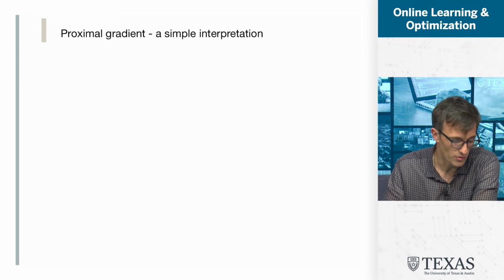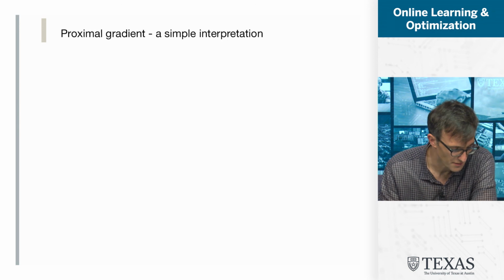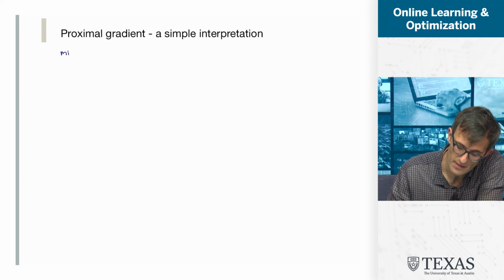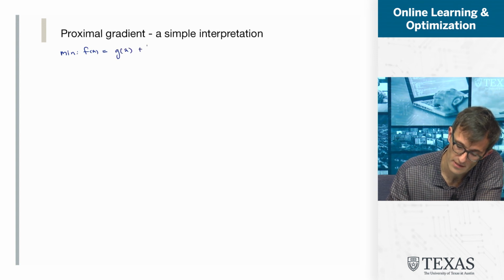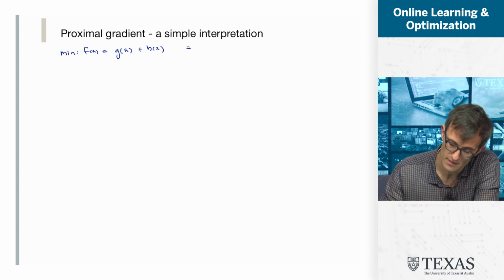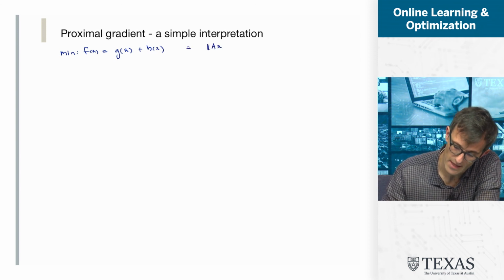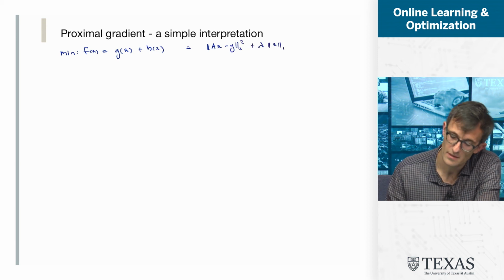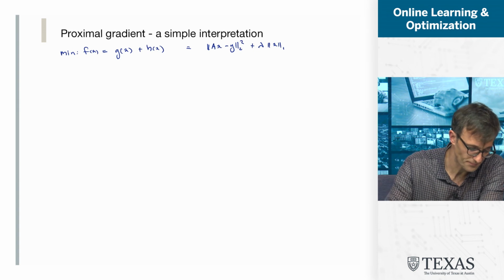What does proximal gradient tell us to do here? So again, what do we have? The generic setting is I want to minimize my f of x, which is equal to my smooth term, g of x, plus h of x. For us, this equals the norm of Ax minus y squared plus lambda times the L1 norm of x.